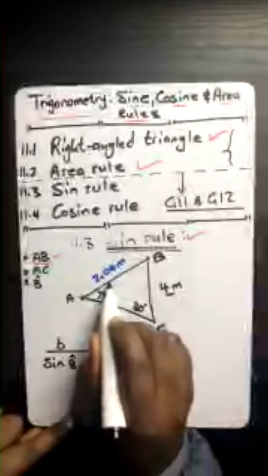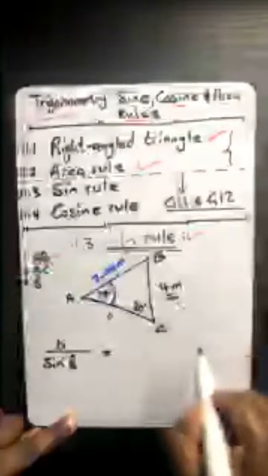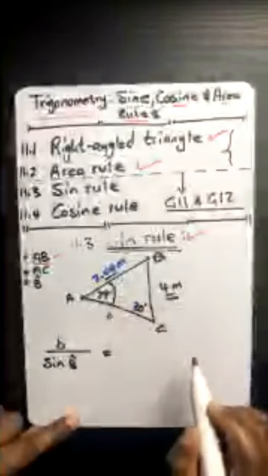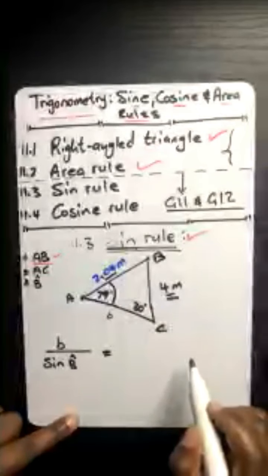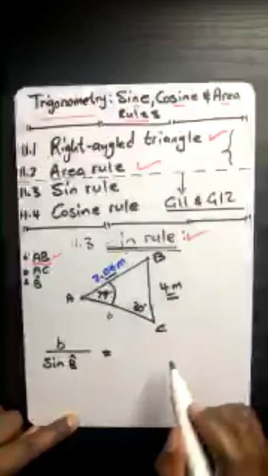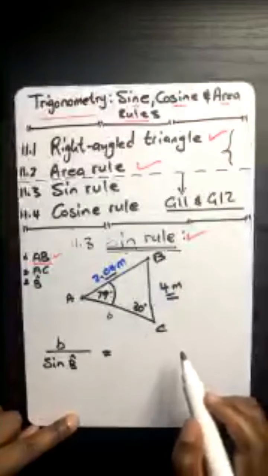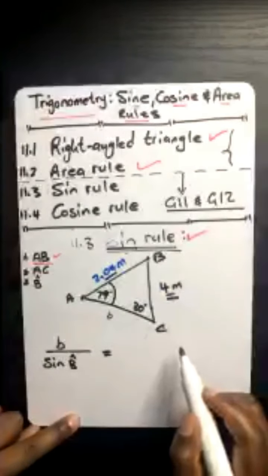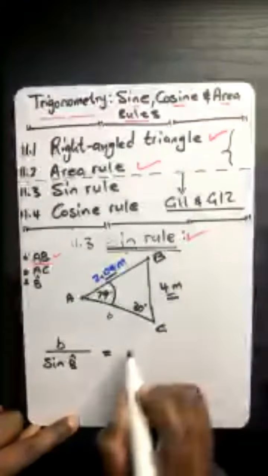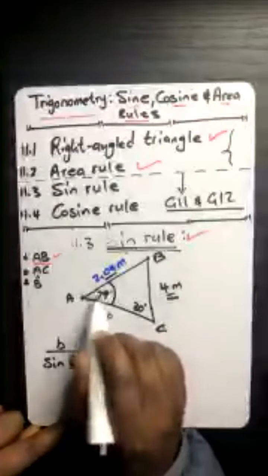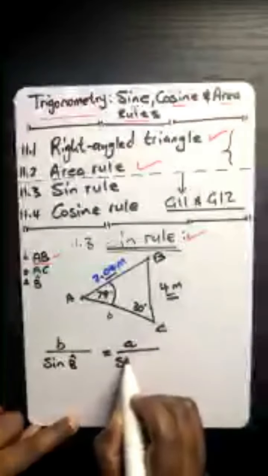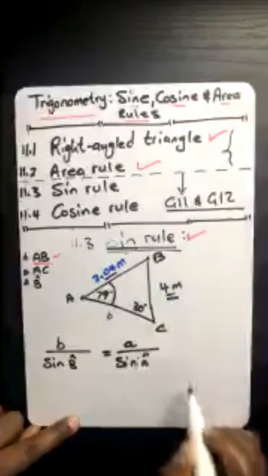I would rather use this one because it was originally given, just in case I calculated that one incorrectly, I'm still safe. So always use the information given if you can. But if not, you can use whatever you calculated, which means it is going to be the side small a over sine of angle A.